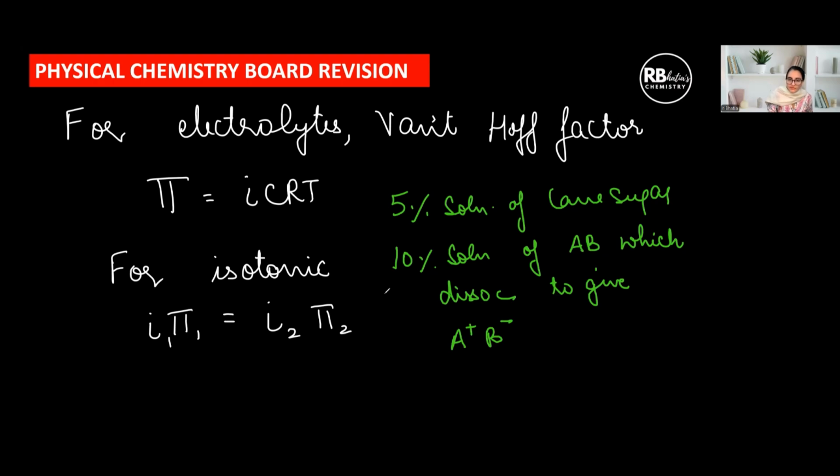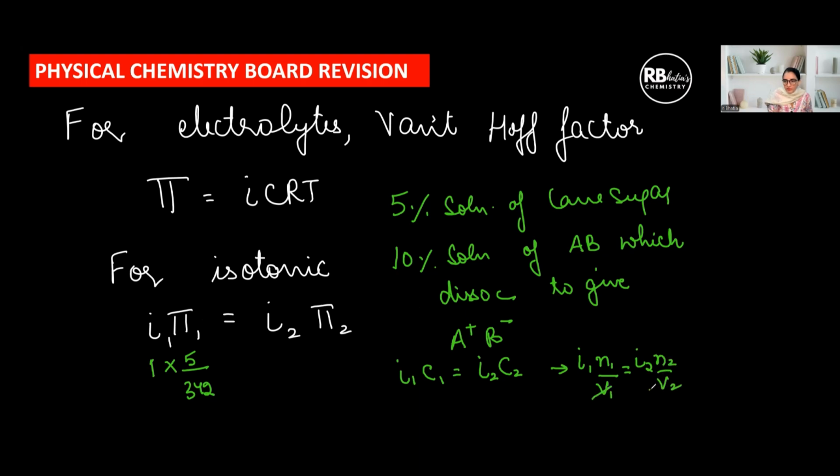And let us say I mention it completely dissociates. What are you going to put now? This time i1 is going to be 1 because cane sugar is a non-electrolyte. This is 5. This is 342. Okay, because our formula is going to finally become i1 C1 is equal to i2 C2 because RT will be constants. And similarly from here we are going to get i1 n1 upon V1 is equal to i2 n2 upon V2.